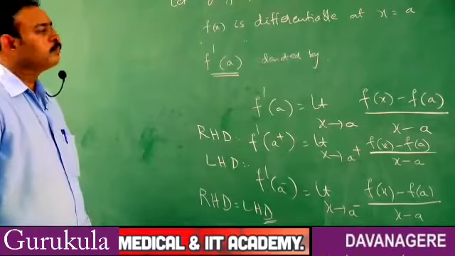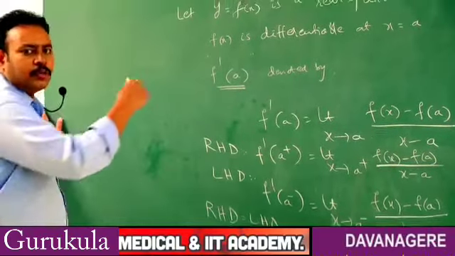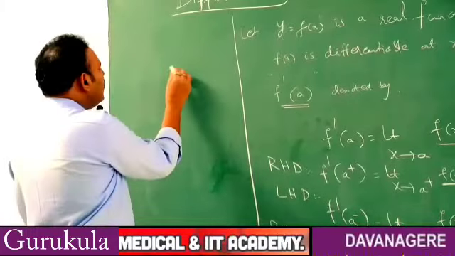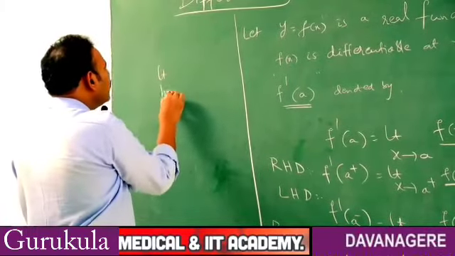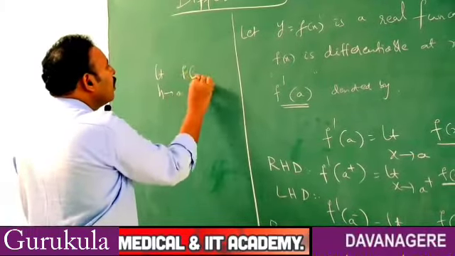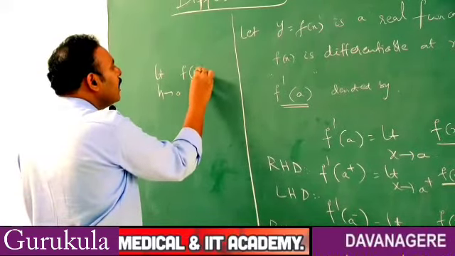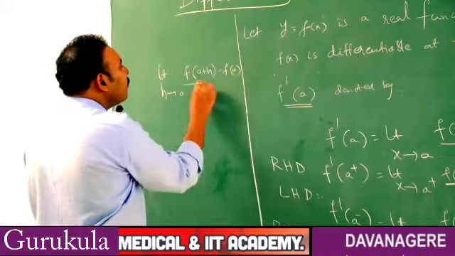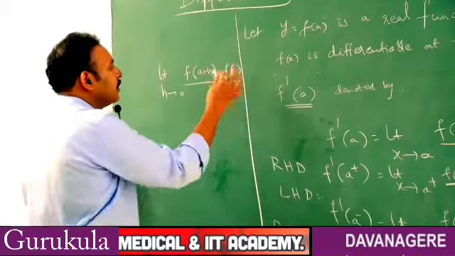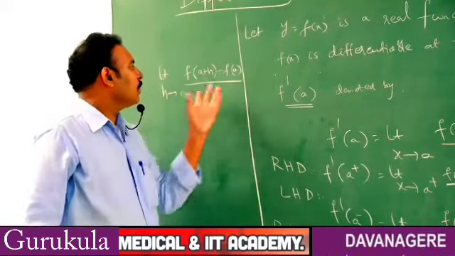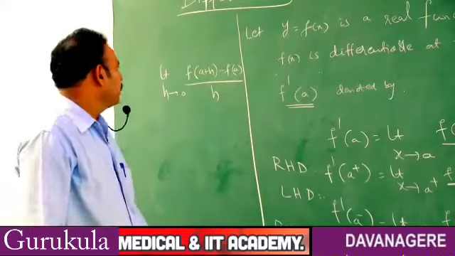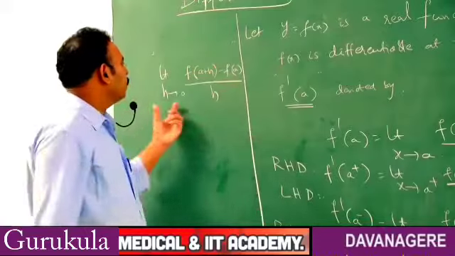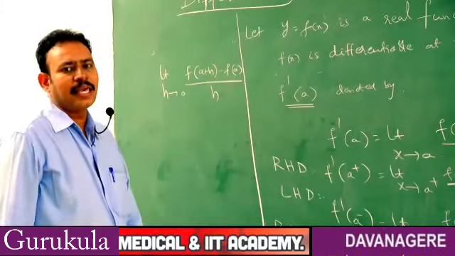One more, this definition can be written as limit h tends to 0 of f of a plus h minus f of a by h, since x minus a means this minus this, h. This derivative definition we can write like this also.